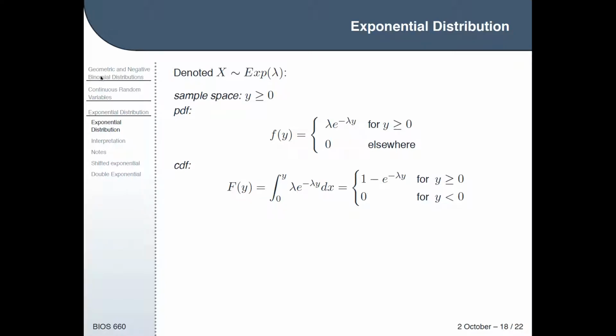There's no closed form expression for the integral. And if you do the math and the integrals to calculate the expected value, variance, and moment generating function, you get the expected value is 1 over lambda, variance is 1 over lambda squared, and the moment generating function will be lambda over lambda minus t.